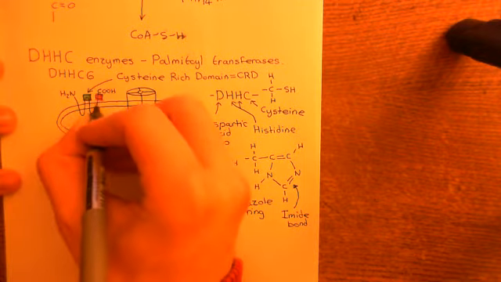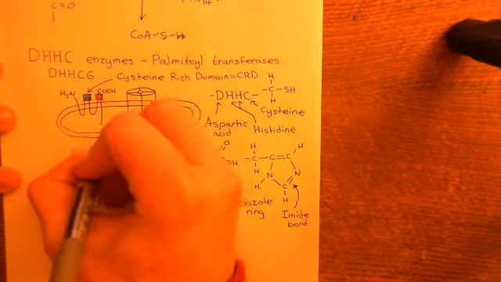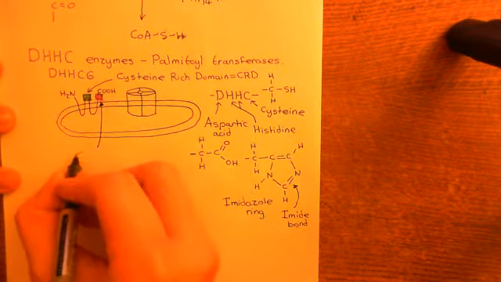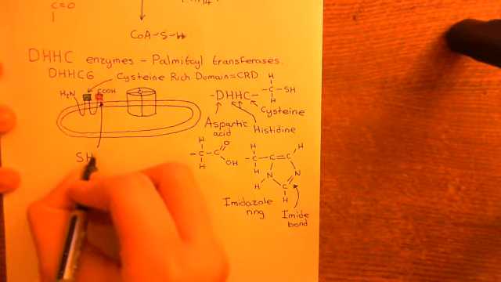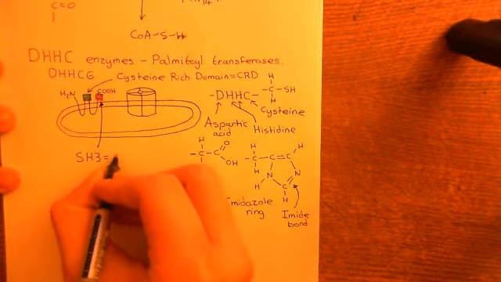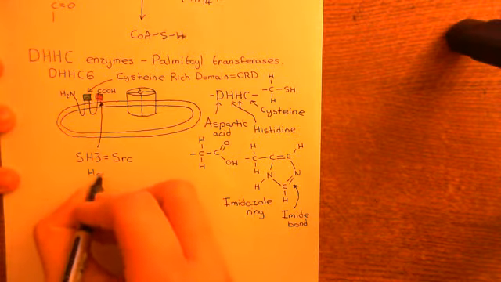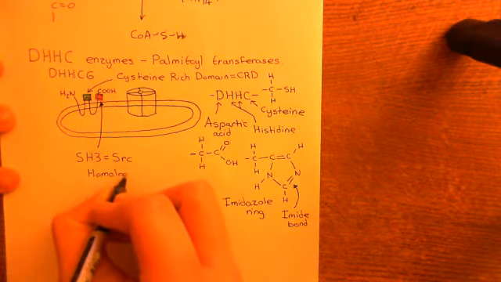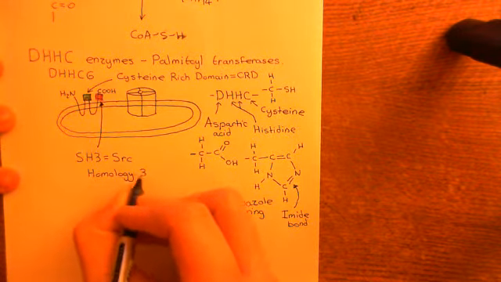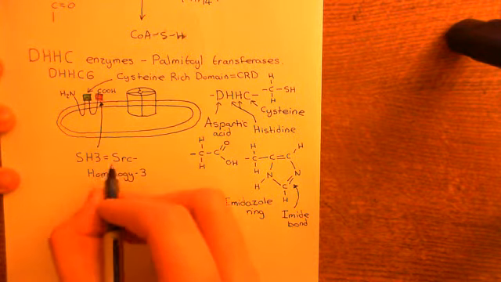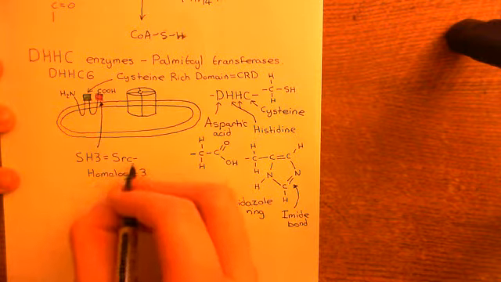Now, what's this other special pink domain that I've highlighted over here? Well, this domain is what's known as an SH3 domain. SH3 stands for Src homology 3 domain. Src, remember, stands for steroid receptor coactivator.